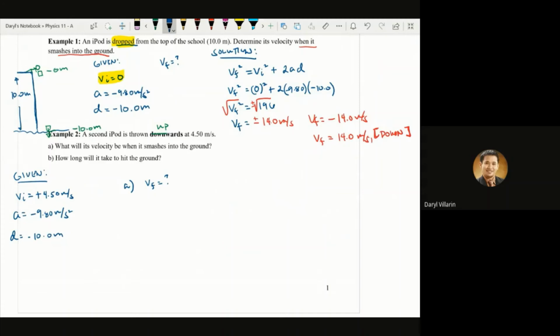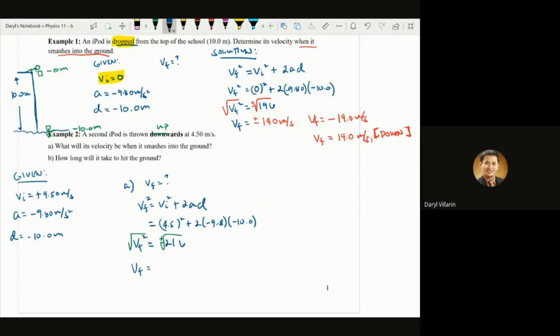When you try to do that, we don't have the time component, so it must be the formula Vf squared equals Vi squared plus 2ad. So this is 4.5 squared plus 2 times negative 9.8 times negative 10.0. So Vf squared is around 216. Again, we take the square root of both sides.